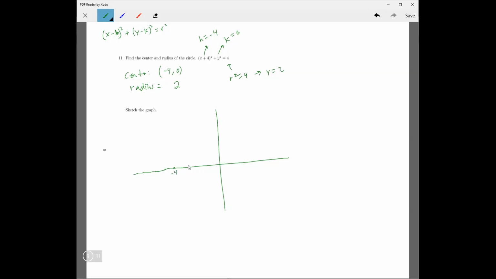So from -4, you go 2 to the right, 2 to the left, 2 up, and 2 down. That sounds like a dance move. Whoa. Okay, and then draw the circle around like that. Okay. And it looks like the third one is the answer on Webassign.